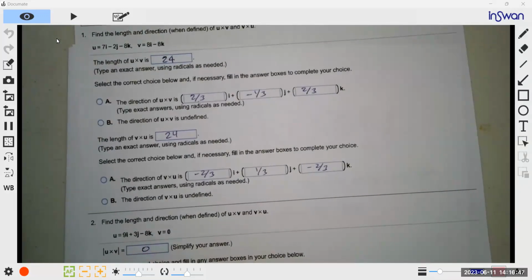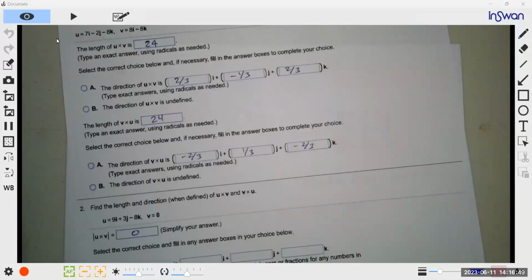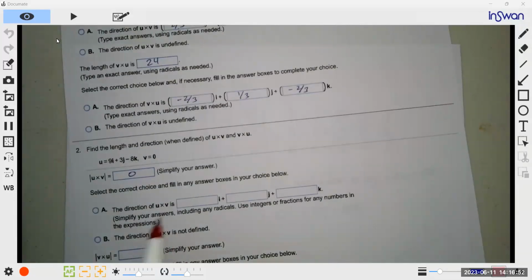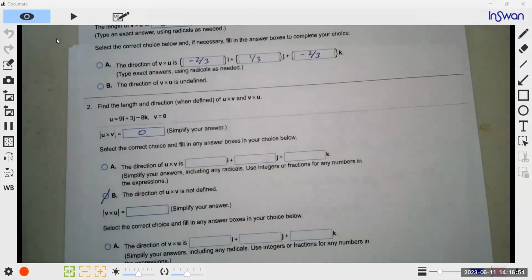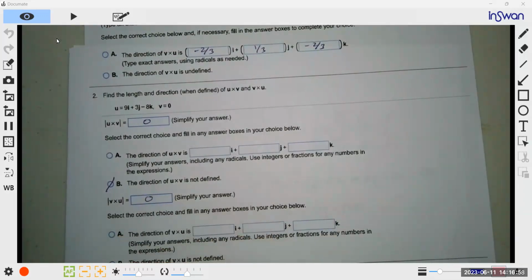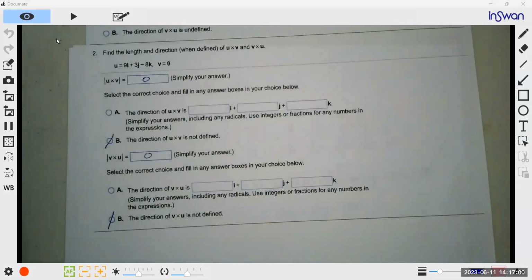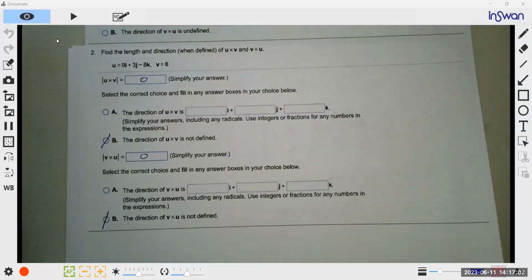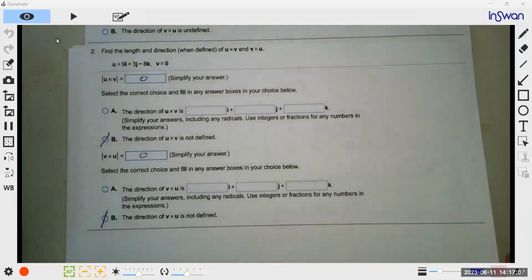So the magnitude is going to be 0. Since it's 0, it cannot have a direction. Same thing with the other one. Since the first one's 0, the second one's going to be 0. A 0 vector has no direction, has no anything.